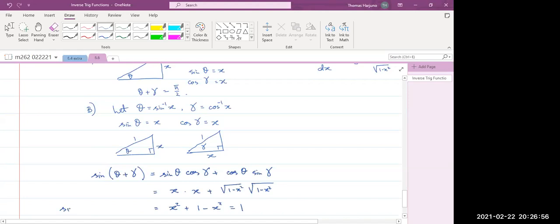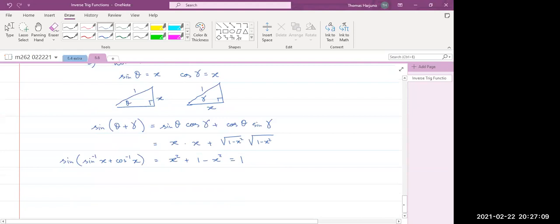On the left hand side, I have sine of sine inverse x plus cosine inverse x. Now, the reason I use sine, you can also use cosine if you want, is that sine of an angle equals 1 only at one angle, that is at pi over 2.